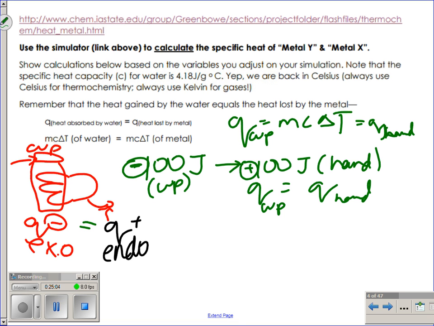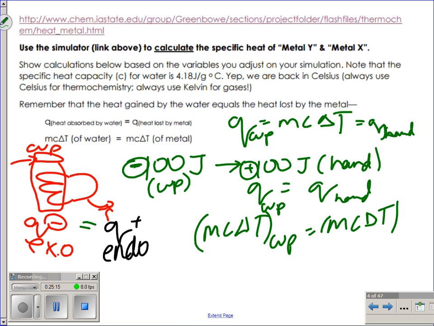So I can set MC delta T equal to MC delta T. You got me? So I can say MC delta T of the cup equals MC delta T of my hand, if I had a mass of my hand, specific heat capacity of my hand, and delta T of my hand. So that's really the scenario here: we're talking about the law of conservation of energy.